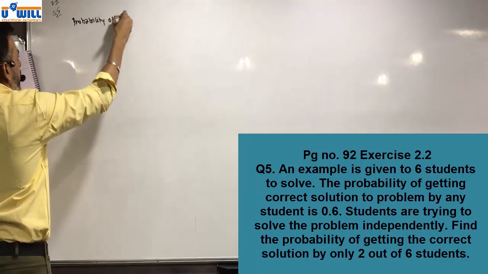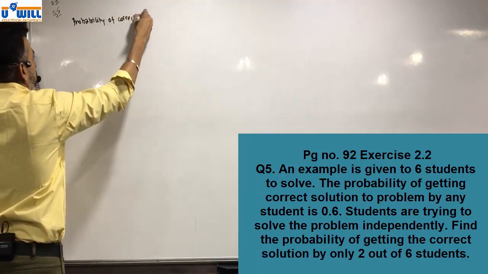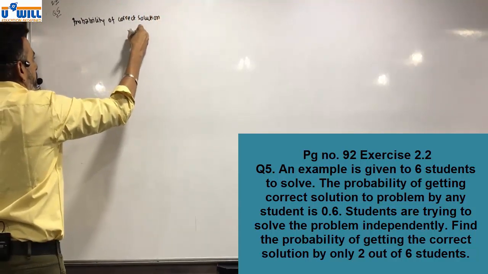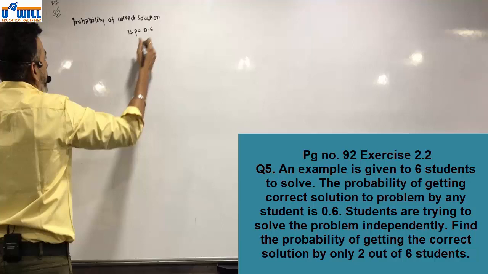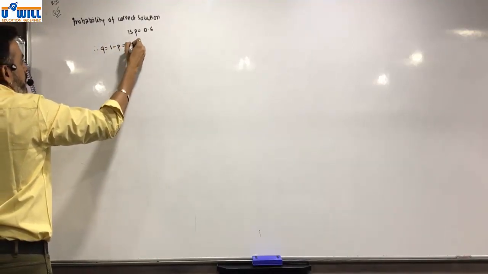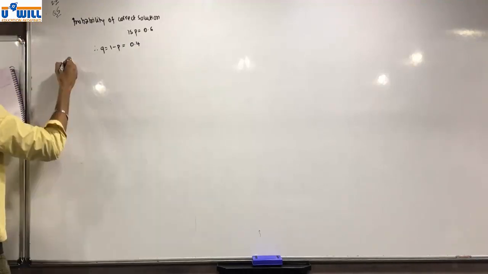Question 5. Probability of correct solution is P equal to 0.6. Therefore, Q is equal to 1 minus P, which is 0.4.